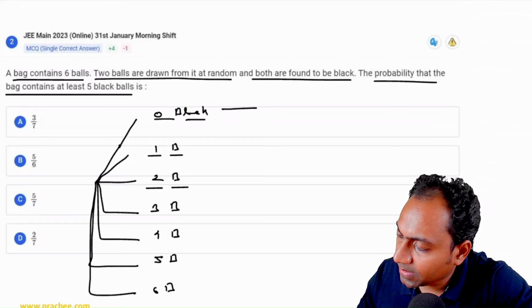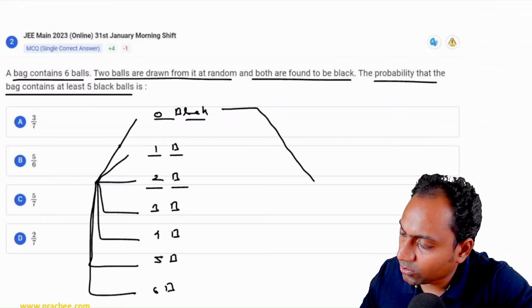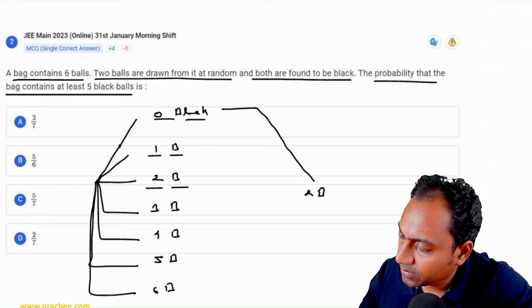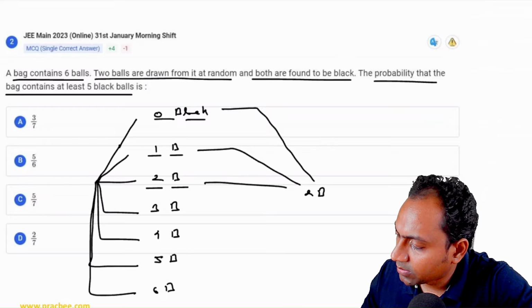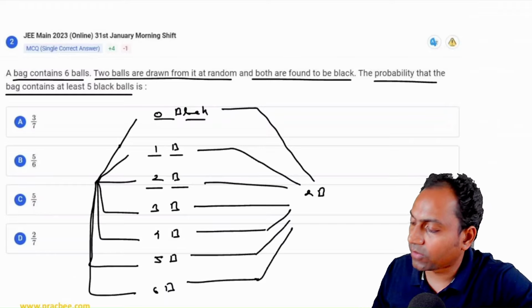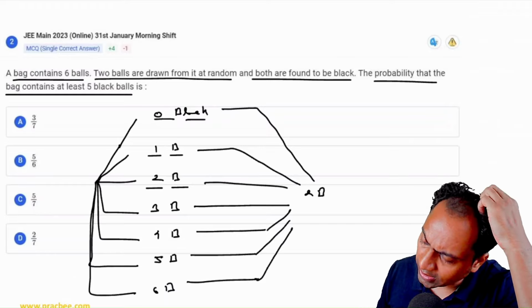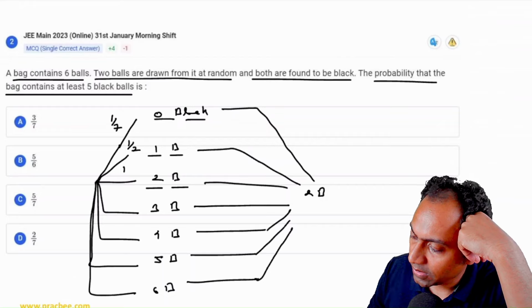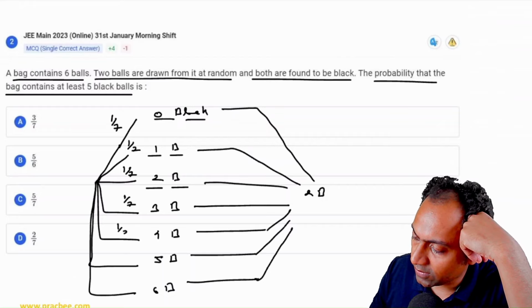Now, what can happen is if I'm selecting 2 balls out of it, both turn out to be black. So you can see that in this manner, our tree diagram is getting developed. First step is obviously to draw the tree diagram. Now the probability of this happening is nothing but 1 by 7. This happening is also 1 by 7. And there are total 7 cases, and the same probability of 1 by 7 will come for all of those 7 cases.